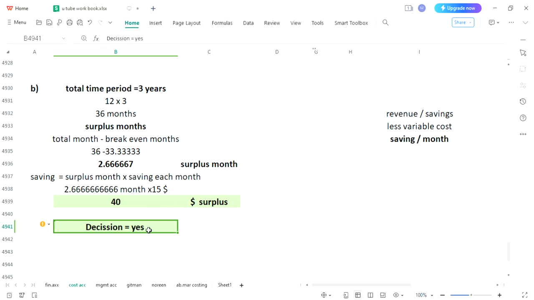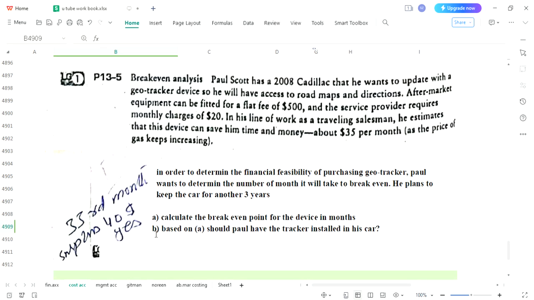This was your B point. And in B part, we were also supposed to take the decision. Since he is saving, no matter few dollars he is saving, this decision is favorable, fruitful and profitable for him. So you will say, yes, this device should be purchased. In this way, our question number 13.5 has been completed.